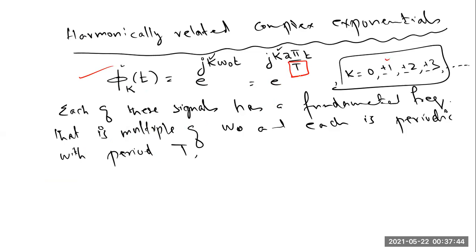For k equal to 1, you get the signal e to the power j omega naught t, or e to the power j 2 pi by capital T into small t. This signal has a fundamental frequency of omega naught and a fundamental period of capital T. If you put k equal to 2, you get 2 omega naught t, which means this signal has a fundamental frequency twice of this one.